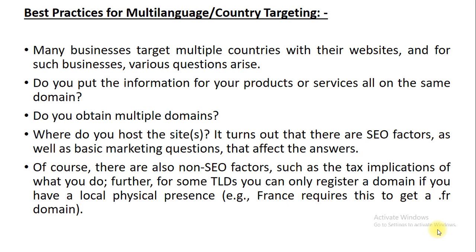So naturally, if your website is developed for a particular country, at that time you need to use different kinds of domain. For India, there is a .in domain. For France, you have a .fr domain. For the United Kingdom, you have a .uk domain. So in this way, you can bifurcate your country-based website.